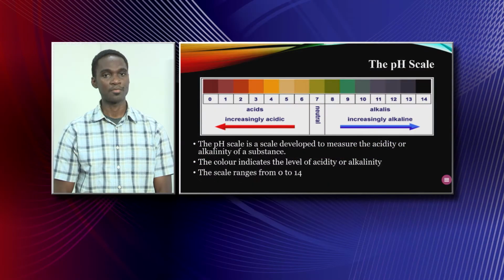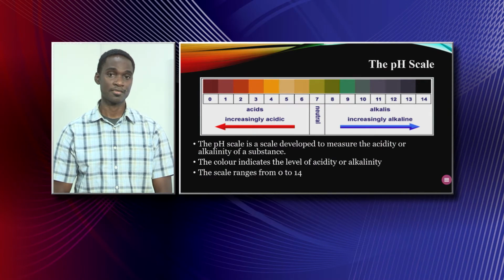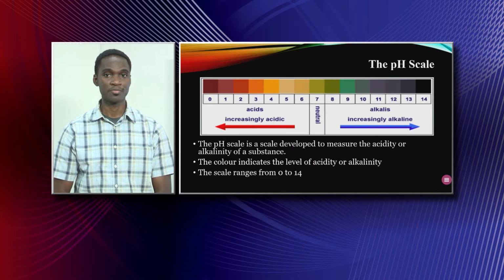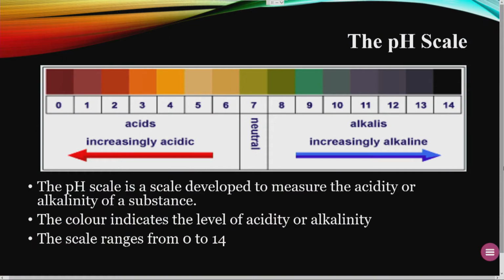If we examine the different sides, the right being alkali and the left being acidic, notice that the colors change gradually, and then we have 7 being neutral with green. Notice that from 7 to 0, there is an increase in acidity, and there is a gradual change in color from green going to red.